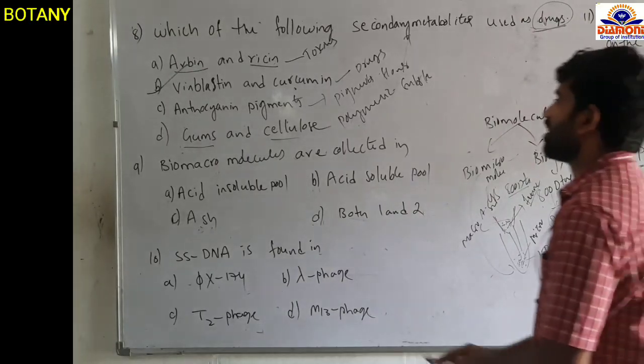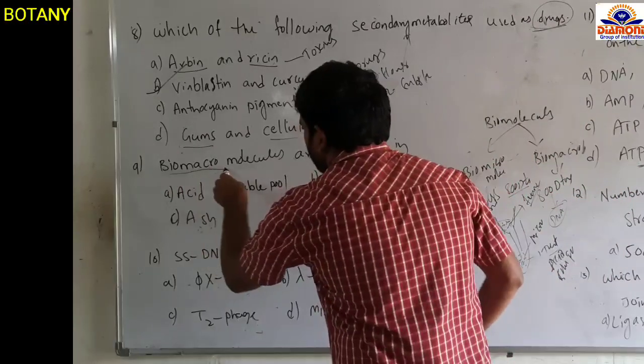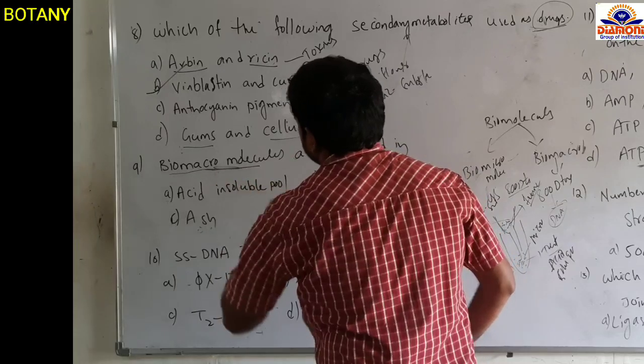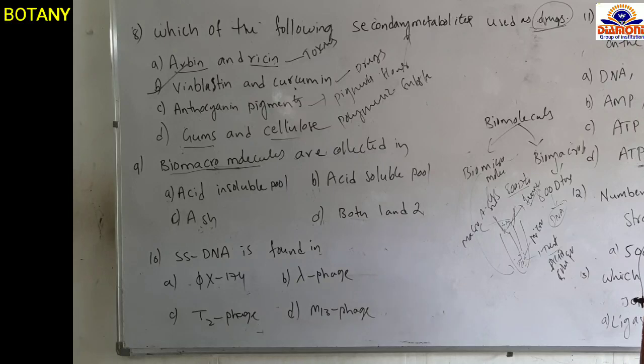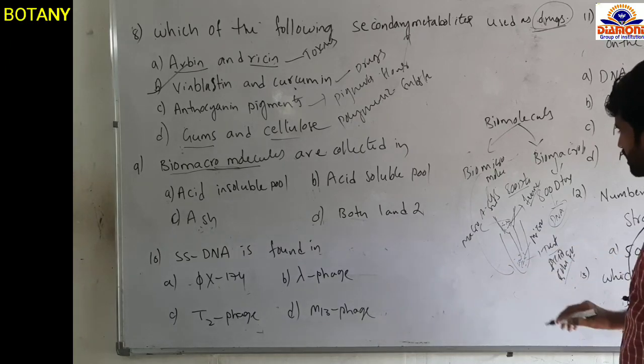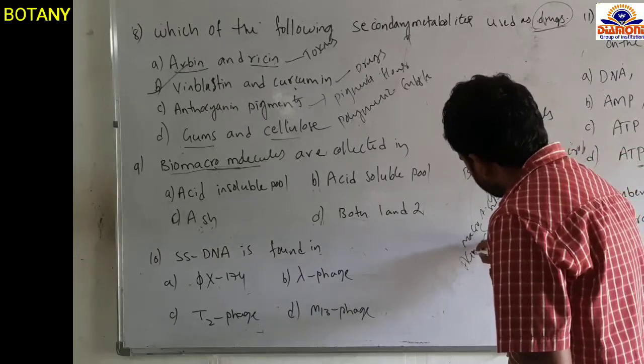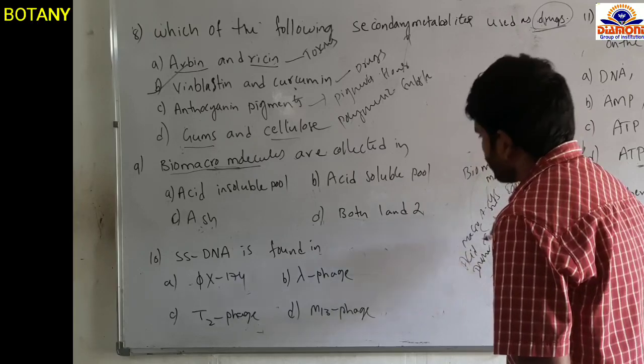So the question was asked about the biomacromolecules, the large size molecules. They are collected in the filter or funnel only because they have more than 800 Daltons. This is the acid soluble fraction and this is the acid insoluble fraction.